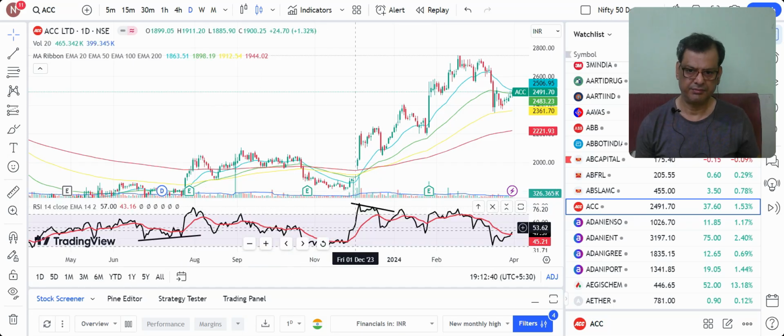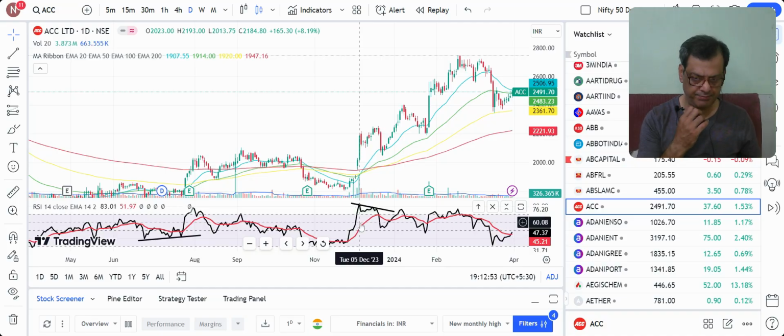Price is in a strong uptrend if it is above 50 and then it remains above 50. So as long as the RSI is above 50 and seems to be going up, you will see that the price is in a good uptrend. See, the RSI is following the price and it's above 50, so you are in a nice uptrend.